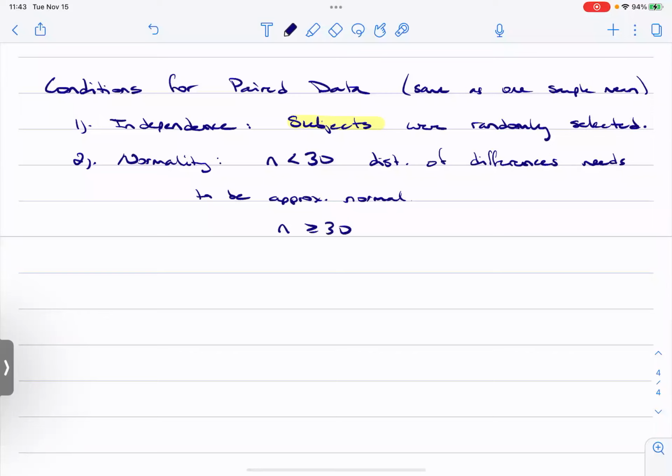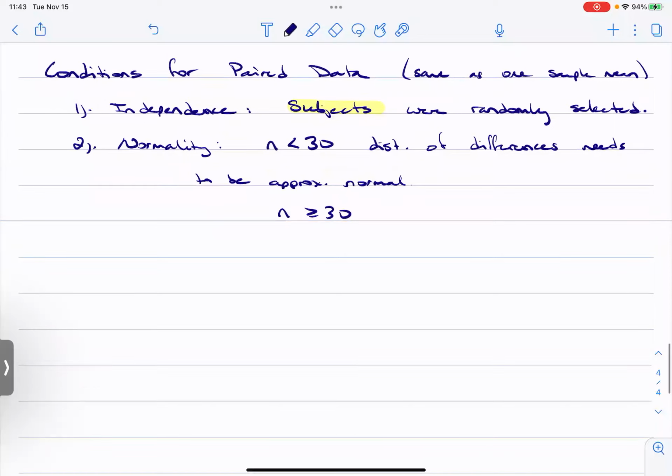If n is greater than or equal to 30, as long as there are no extreme outliers, then we're good to go. And I'm going to show you one way that you can deal with that with this example. So those are our conditions that we're going to check. Same as before, nothing changed.